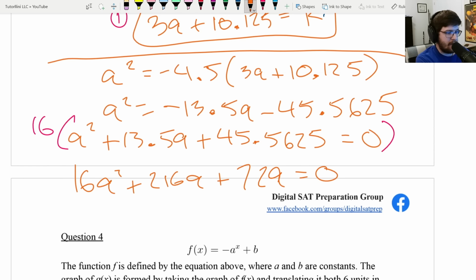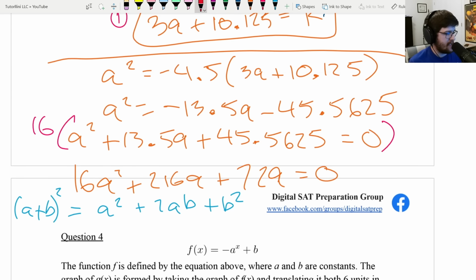Now, I see that this looks a lot like a perfect square trinomial, which I go over how to factor in my Ottocento number 4. Definitely check that out if you haven't already.